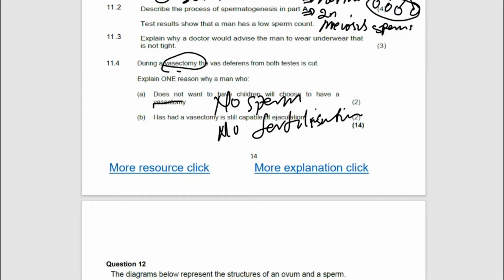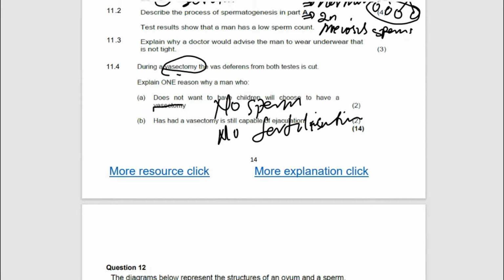Part B, had a vasectomy, is still capable of ejaculation. Why is it that this person is able to produce other fluid from the body when ejaculating? It is because I've told you that you still have the other glands. Look.